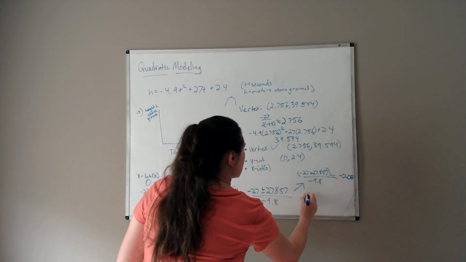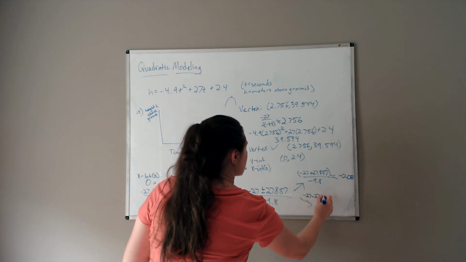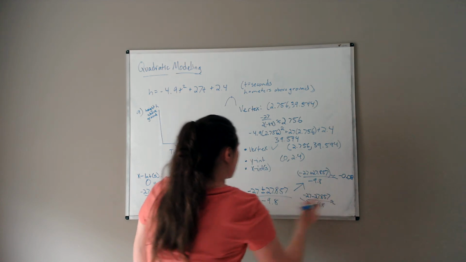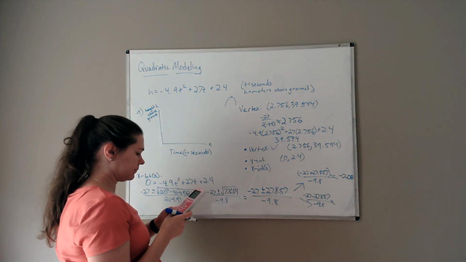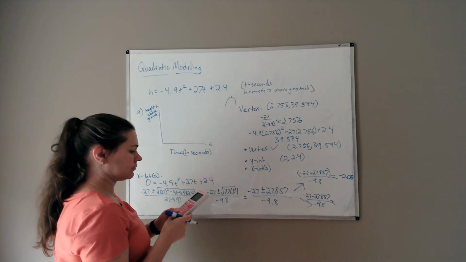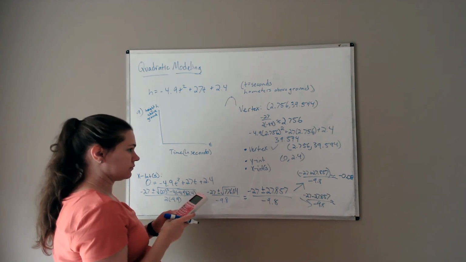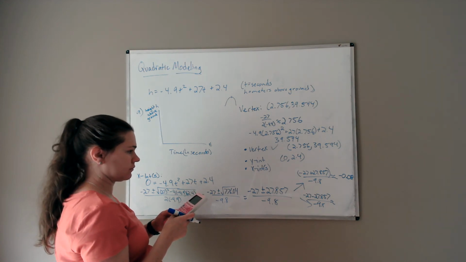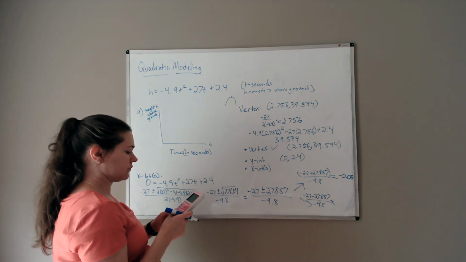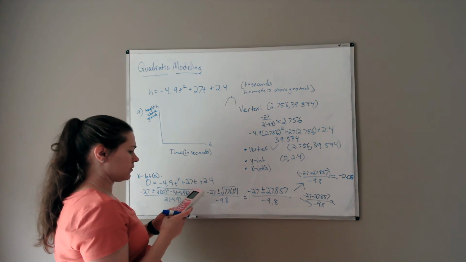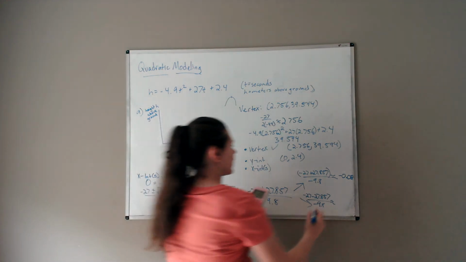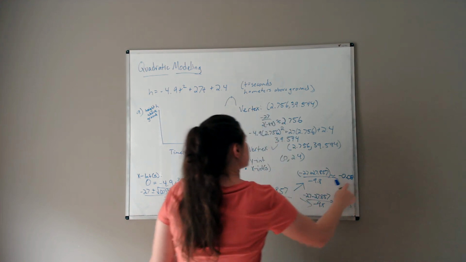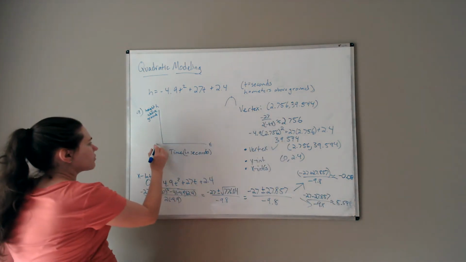And then when you do negative 27 minus 27.857 divided by negative 9.8, we get positive 5.598. So this negative one is just going to be all the way over here.